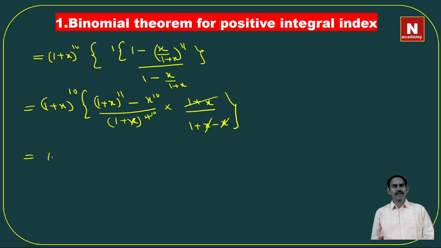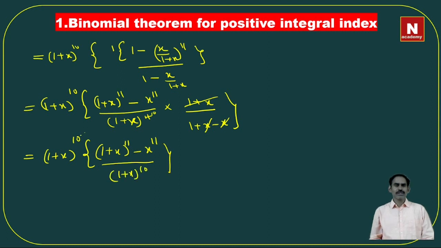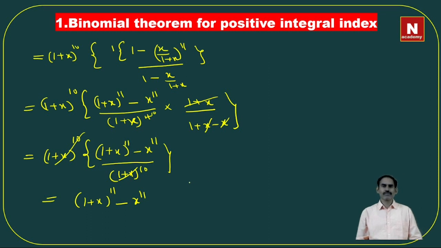Finally, 1 plus x whole power 10 into 1 plus x whole power 11 minus x power 11 by 1 plus x whole power 10. So these two get cancelled. The final expansion will be 1 plus x whole power 11 minus x power 11.